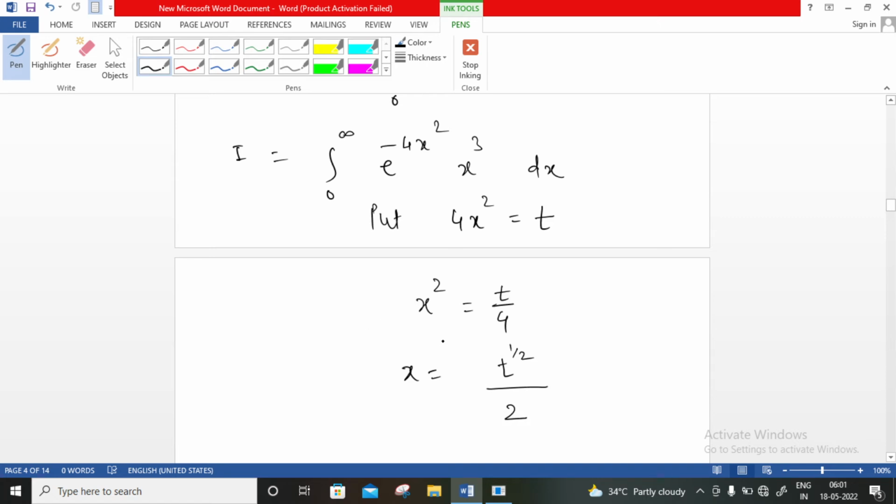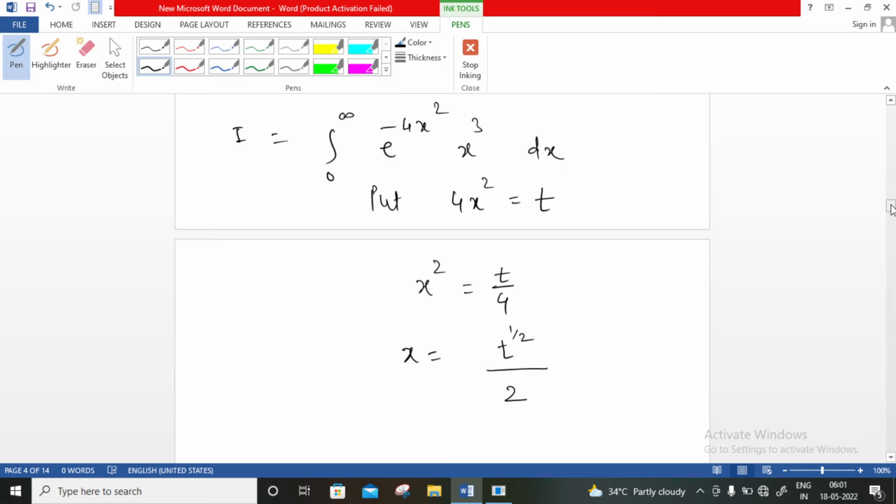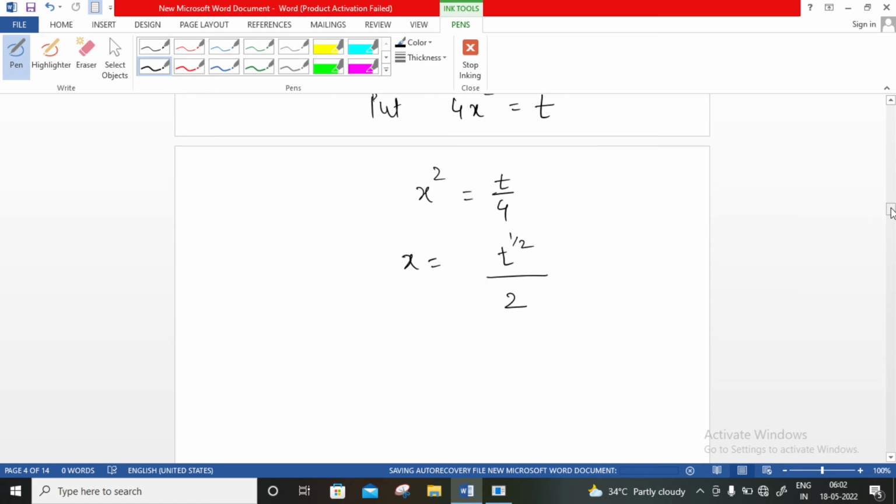Now you differentiate this, because when you change its variable, you change its limit also and its derivative term also. You want the value of dx, so I always convert the function in terms of x and then differentiate. So dx becomes 1 upon 2 constant term as it is, derivative of t raised to half is 1 by 2, already here is a 1 by 2, so it becomes 1 by 4 t raised to 1 by 2 minus 1 into dt.